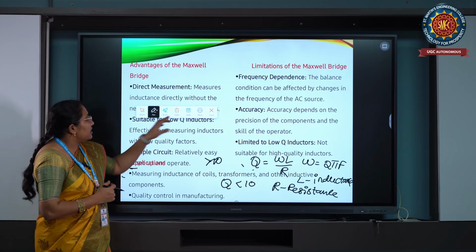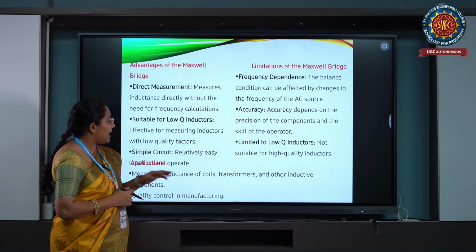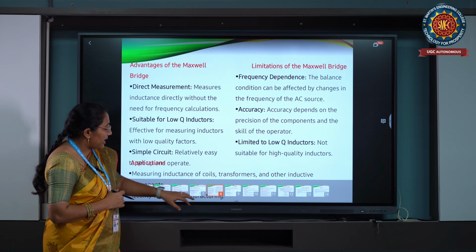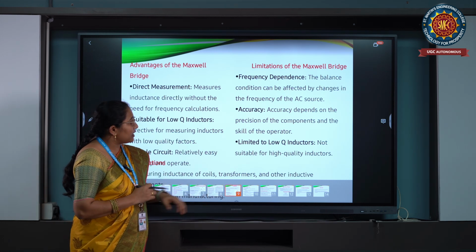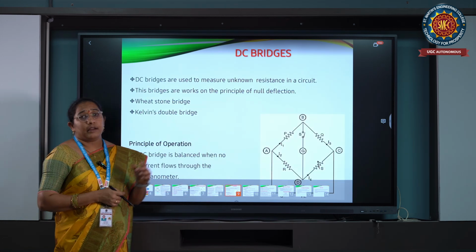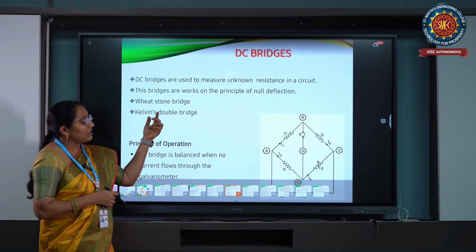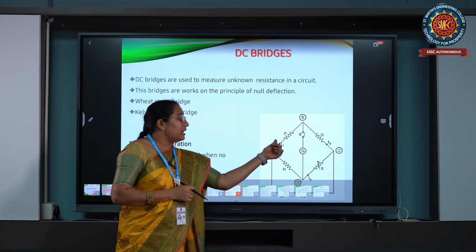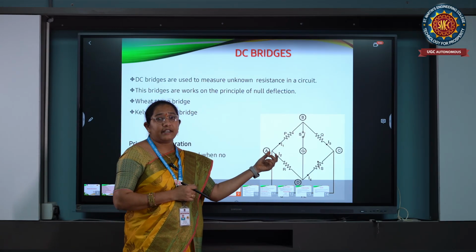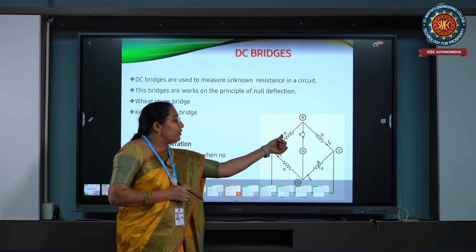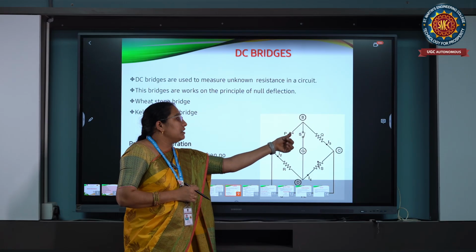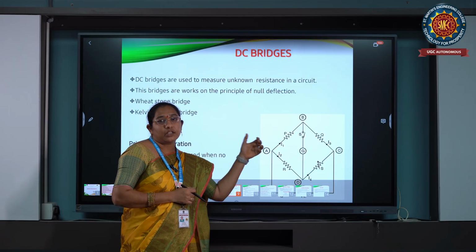So, these are the advantages and limitations of Maxwell's inductance bridge. Now I am coming to the DC bridges. In DC bridges, we measure only resistance, because, as already discussed, frequency is not considered.